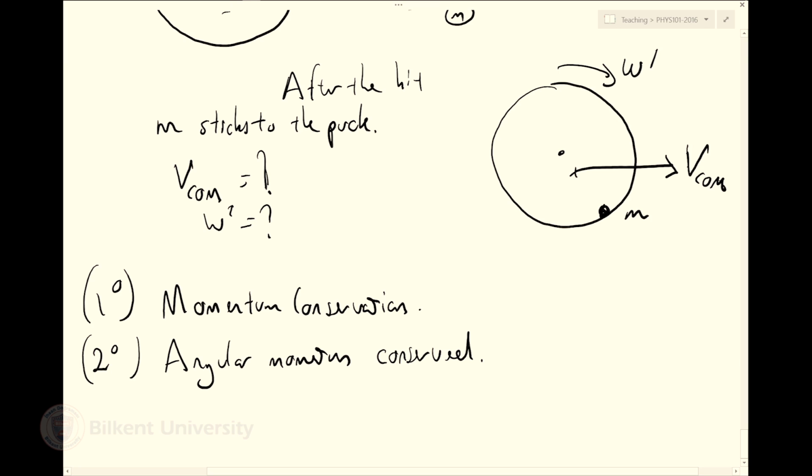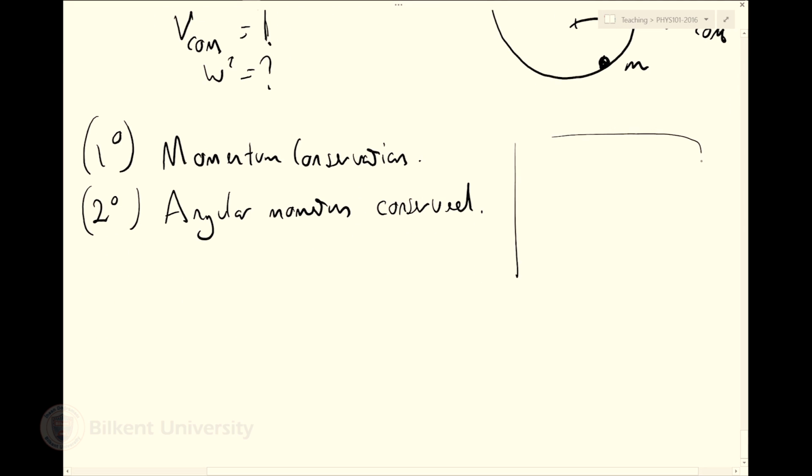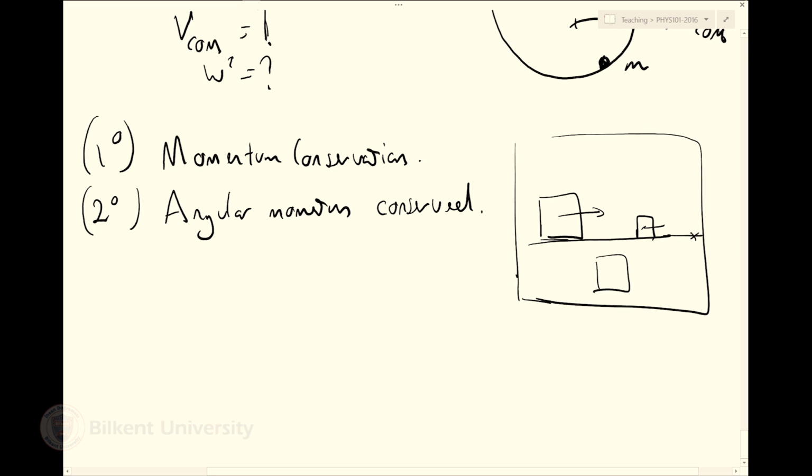One example I can tell you is that when two masses like that hit each other, initially I had some angular momentum, and my final angular momentum is not going to be equal to it.